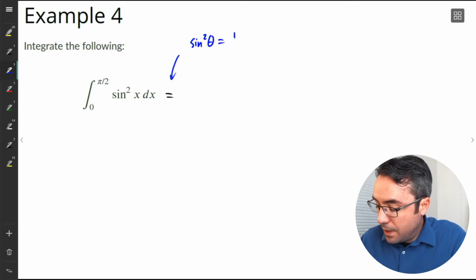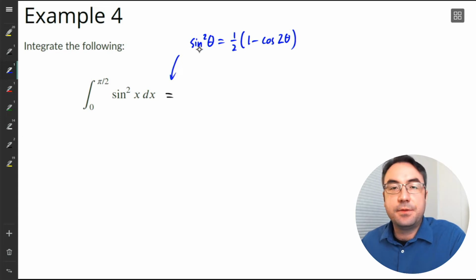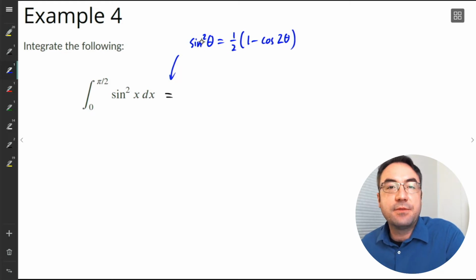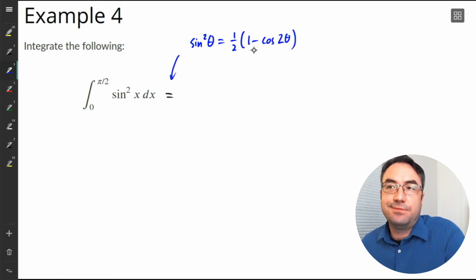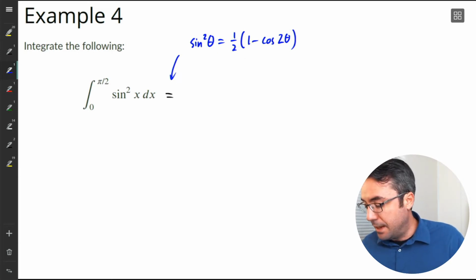It's equal to 1/2 times 1 minus cosine of 2 theta. And we know both of those half angle trig identities involve cosine. We're doing something involving a sine, so the way I remember it is just when they're opposite, I put a minus in there. That's how I remember the formula.